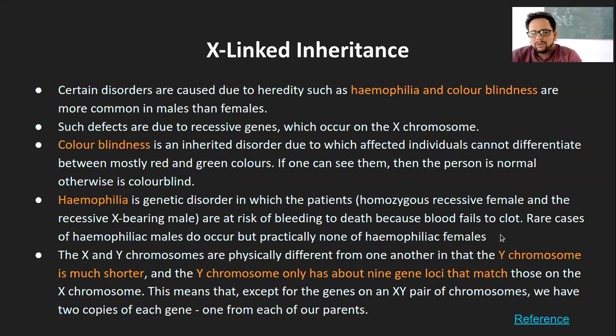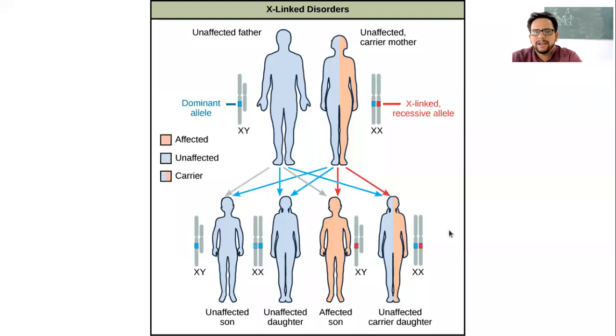Now, for example, this is the case of an X-linked recessive allele. Color blindness is X-linked, we don't have to assume it. It is an X-linked recessive allele which is carried by the mother.